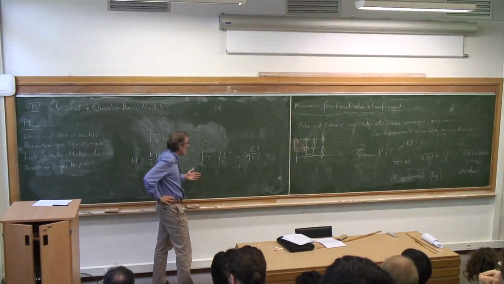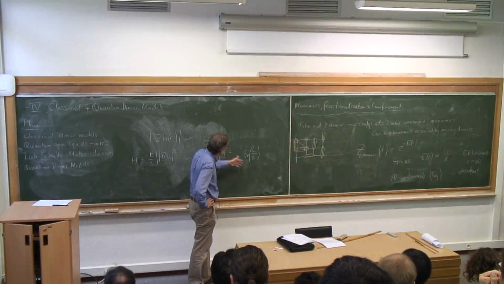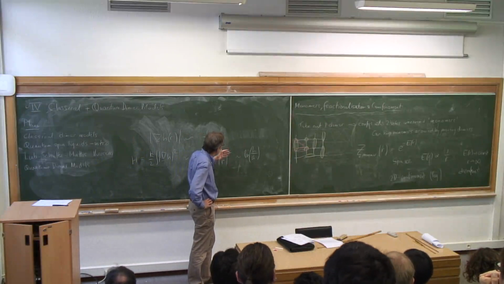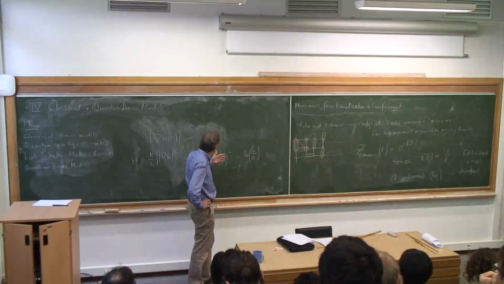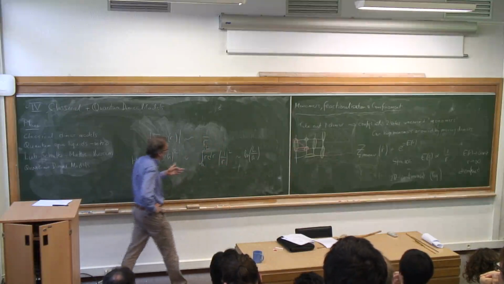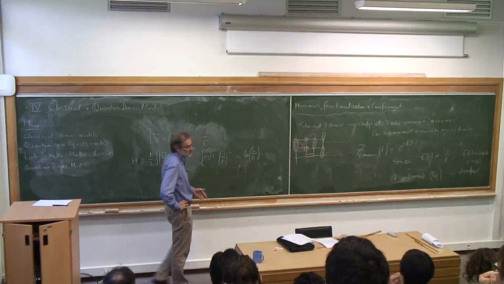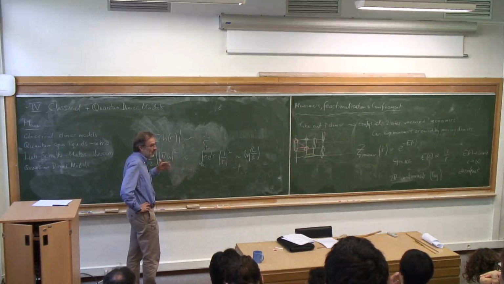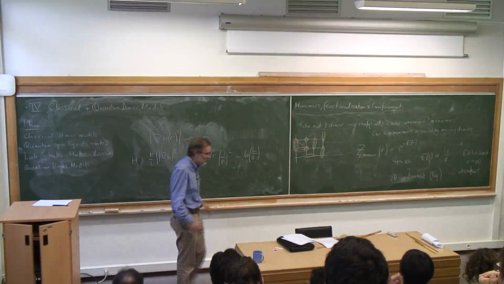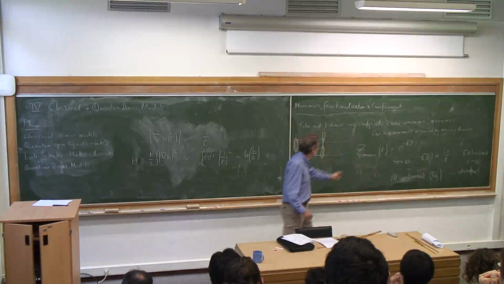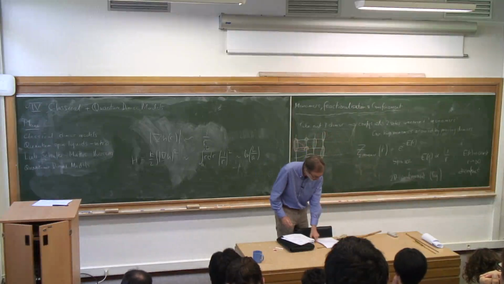And of course, the idea of the BKT transition is that if the stiffness in the height field is small enough, then these vortices can become unbound. But that's introducing an extra part to the physics compared to what we're looking at over there.